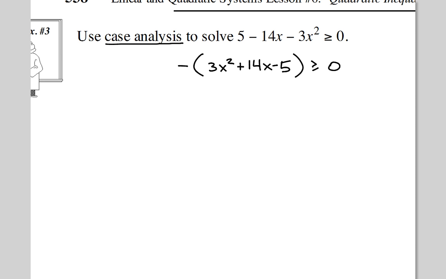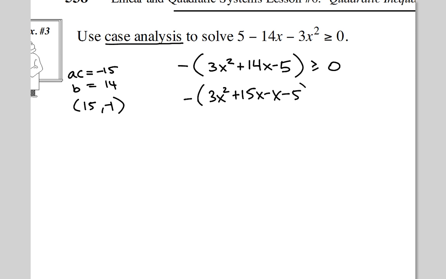Okay, so can I factor this? The AC value is -15, the B value is 14, so it's got to be 15 and 1. What's the signs? -1, okay. So we got a plus 15x, a minus x, a minus 5. Take out a 3x, you get x plus 5. Take out a -1, you get x plus 5.